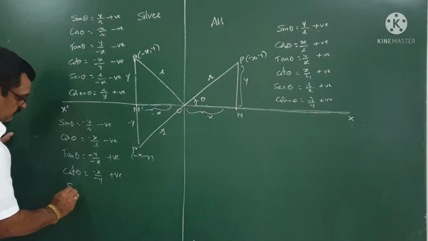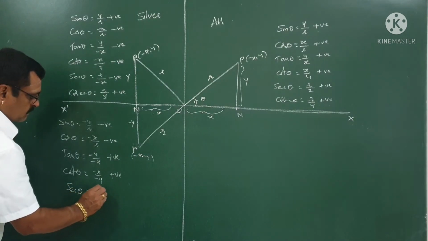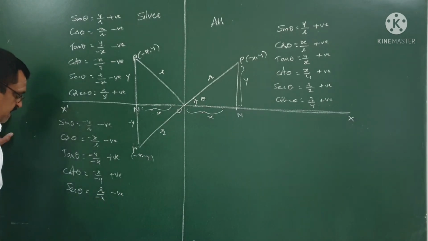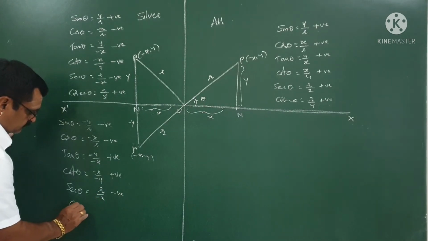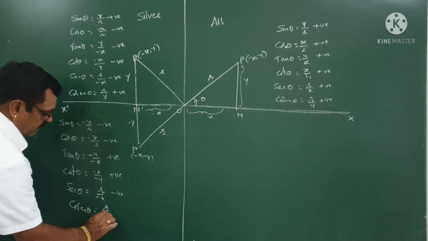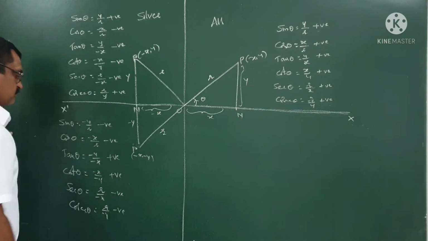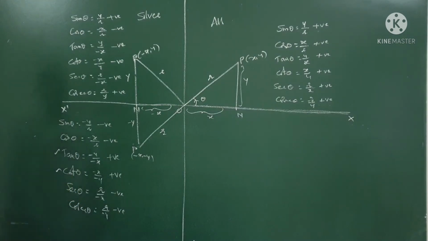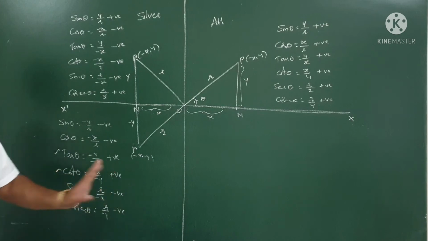Secant theta is r by minus x, negative. And cosecant theta, r by minus y, is also negative. That means in the third quadrant, tan and cot are positive, remaining all are negative.